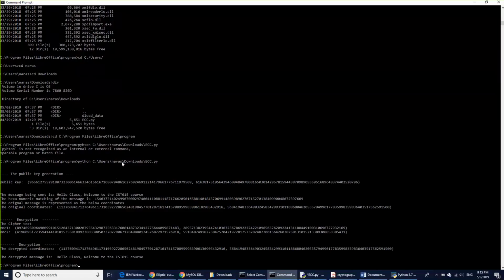So here I executed the Python code, and it says the public key generation starts here, and this is the public key coordinates and other points on the curve. The message being sent through this technique is, hello class, welcome to the CST 615 course, and this is here.